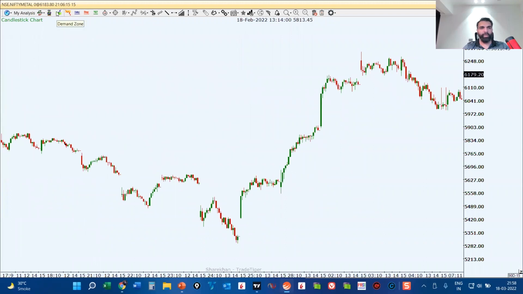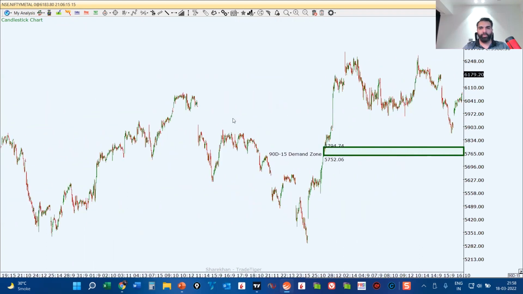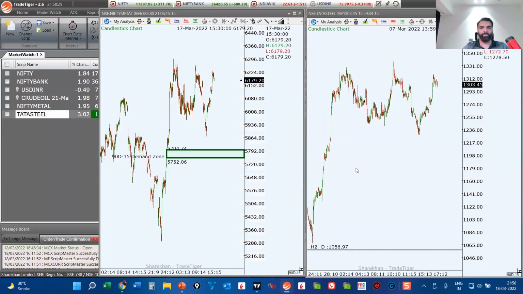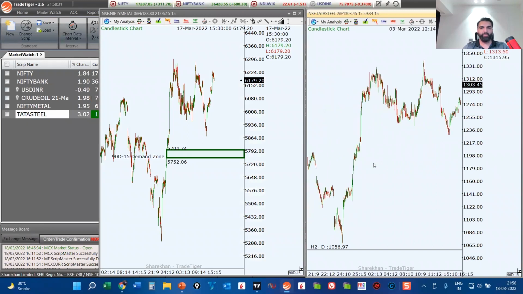So this is the key area of demand over here. And if prices do come into this area of demand, then more or less we should line up, let's say, a stock like Tata Steel or Hindalco, or let's say any metal stock company, and try to time this entry along with the stock. So this is the Tata Steel stock.